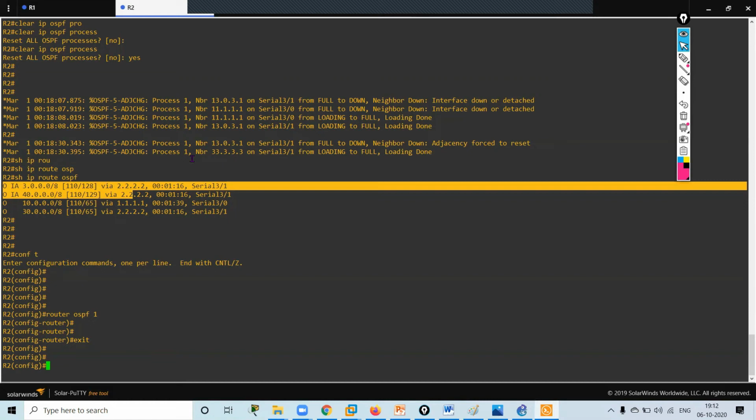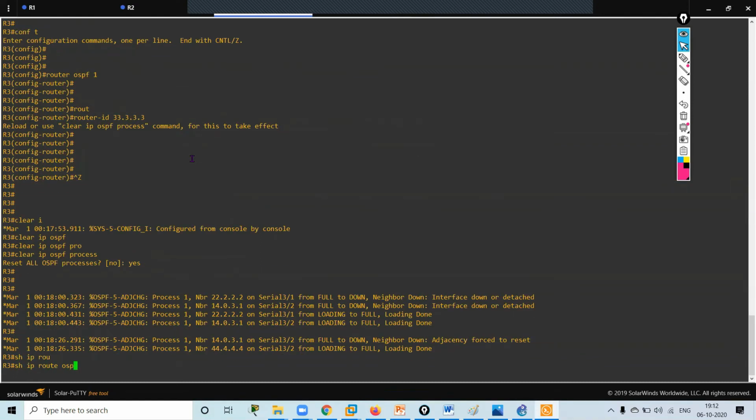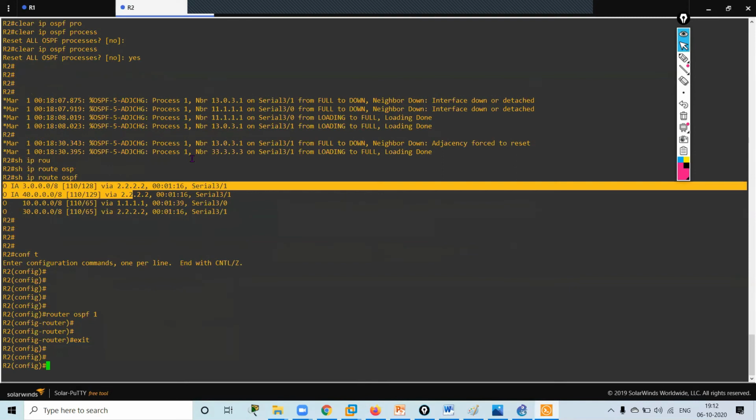If I go and check on R3, show IP route OSPF, I'm getting individual routes that are advertised over here for the 11 network. I want this ABR to summarize the network and send it to the other area.